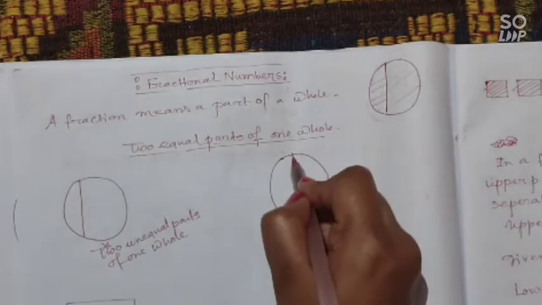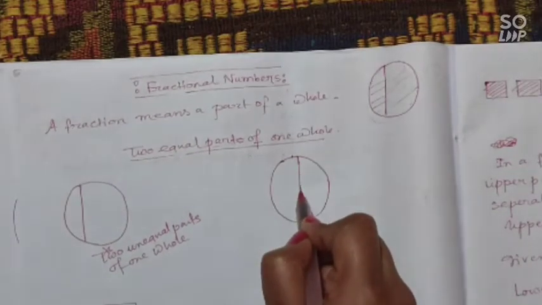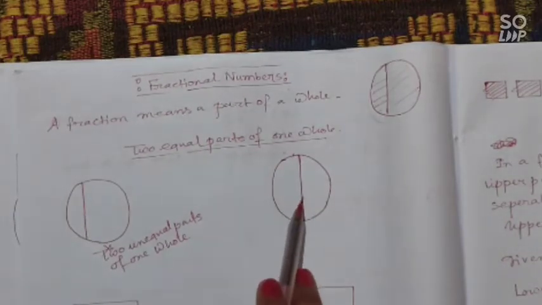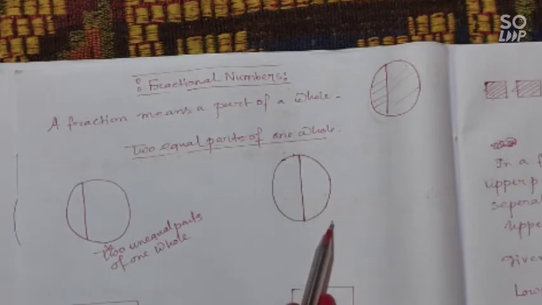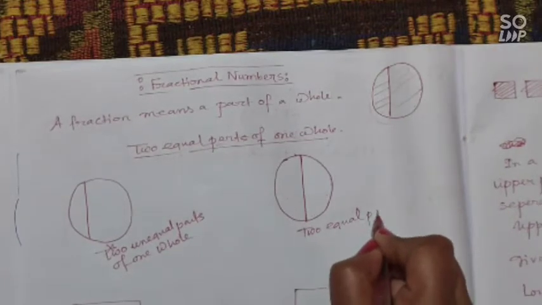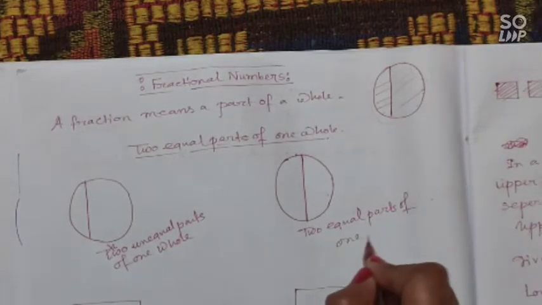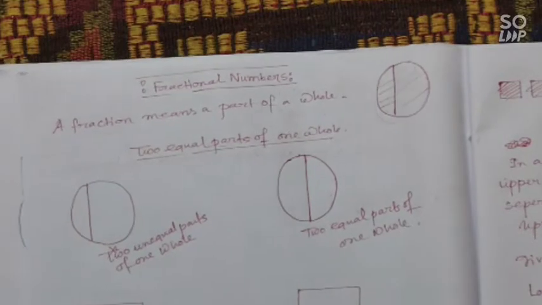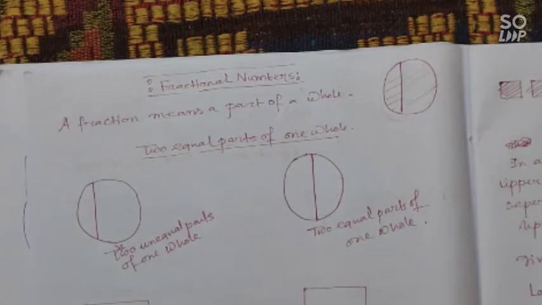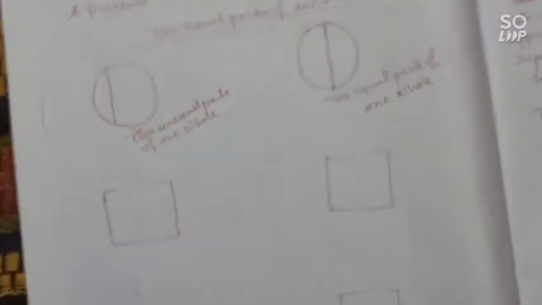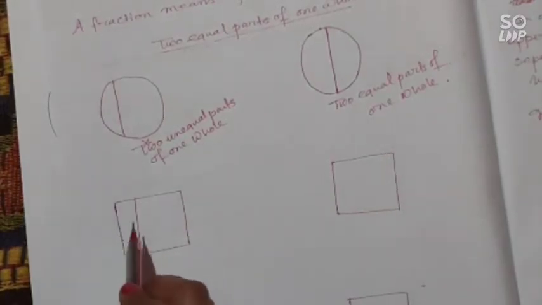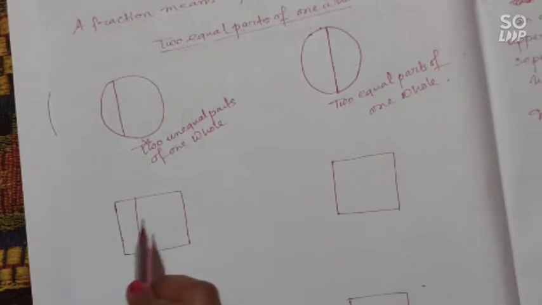But if I divide this object like this, you can see that now this object is divided into two equal parts. So there are two equal parts of one whole. So we can divide an object into two parts. Those two parts may be equal or not equal. Here we have divided this object into two parts, but these two parts are not equal.